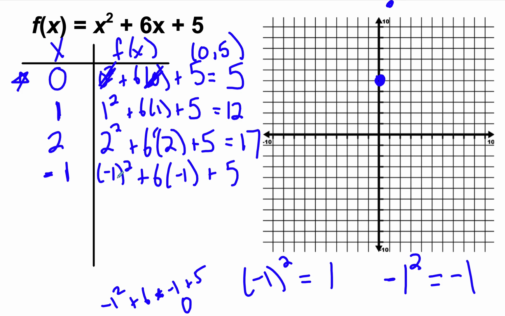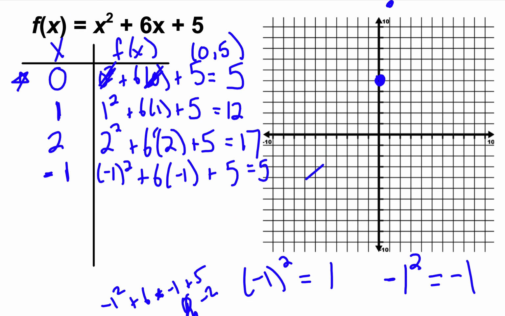We get (-1) squared is 1, plus 6 times -1 is -5. -5 plus 5 is 0. So sorry, this one will give you the 0. In this case, you get -1 minus 6 plus 5. So it's -7 plus 5, which is -2.